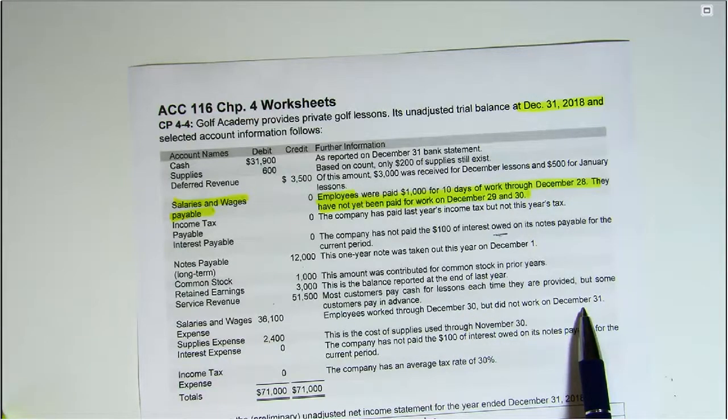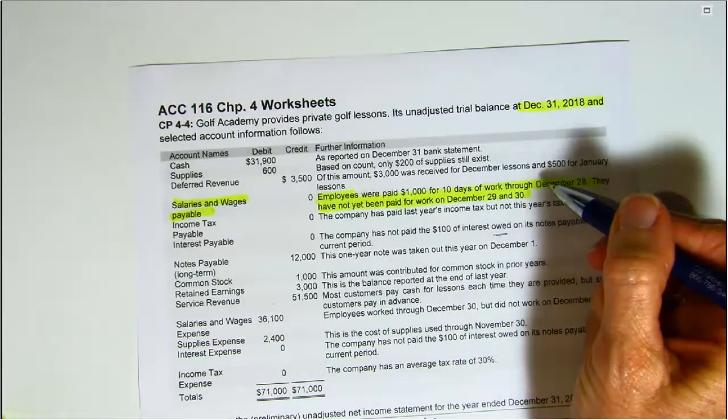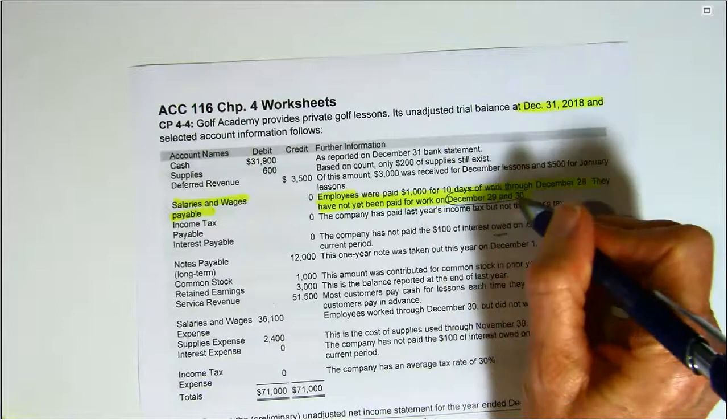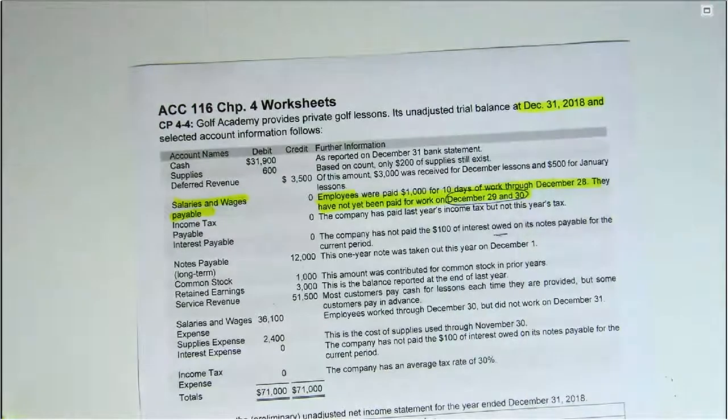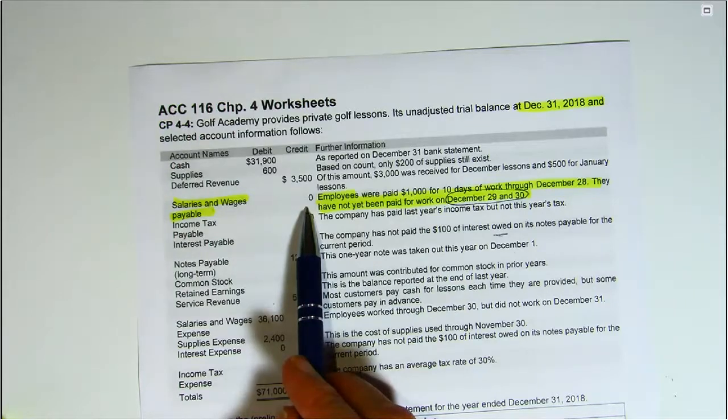So at this point, Golf Academy owes its employees for the 29th and the 30th, and yet no salaries and wages payable are indicated here. This is an accrual adjustment, something that has not yet been recorded, so we must record it. The question is how much?